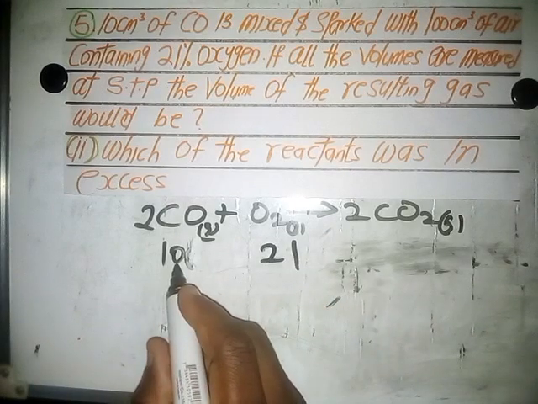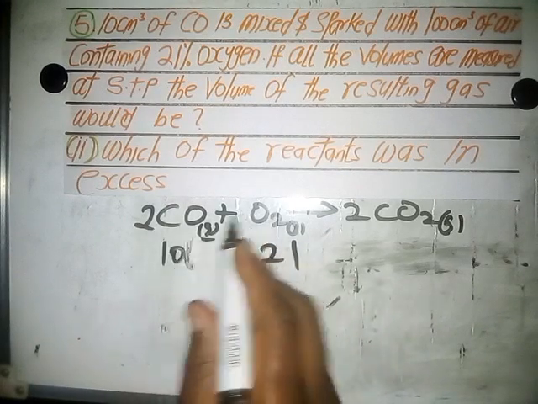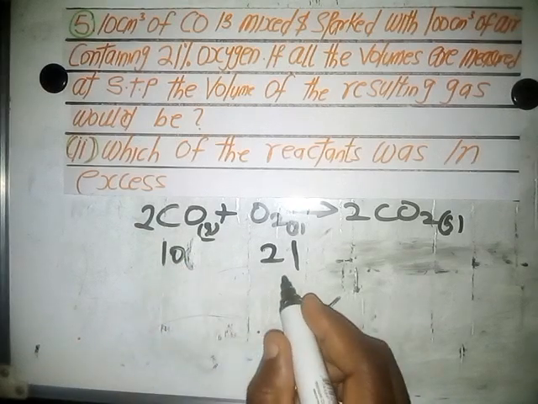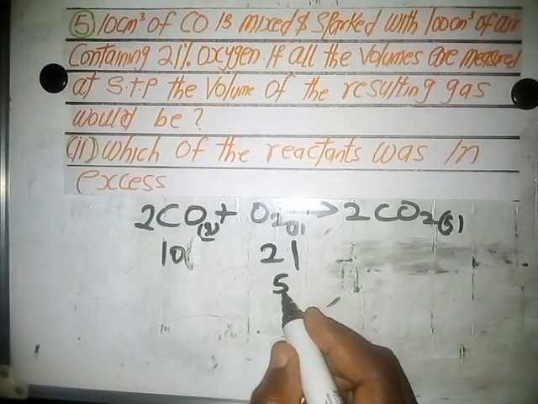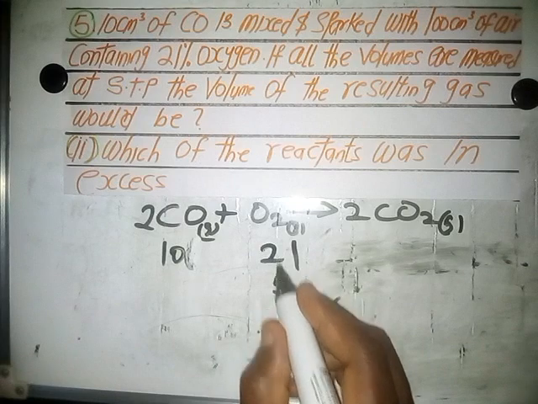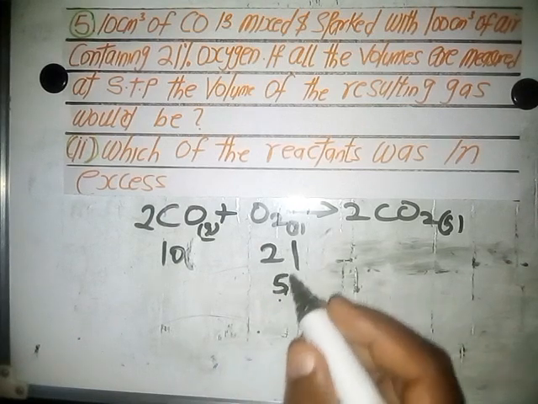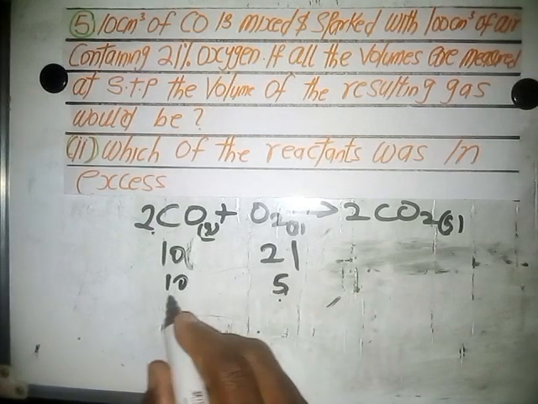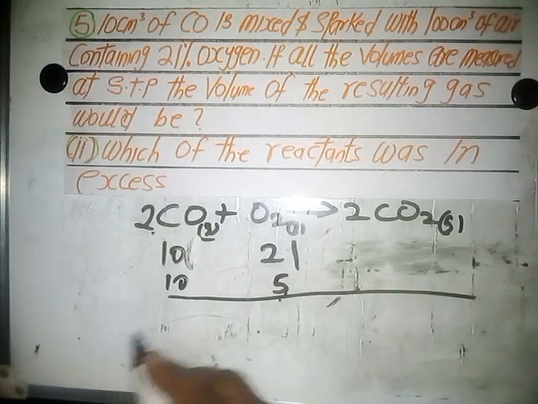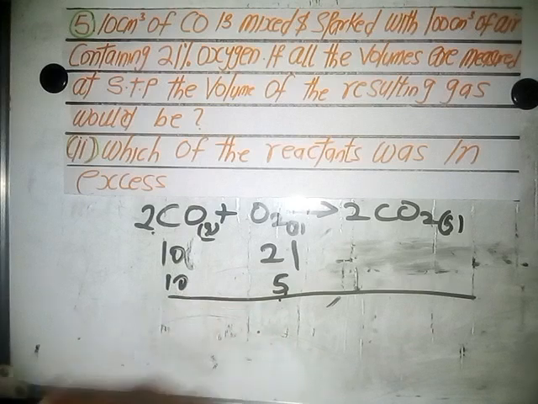Half of 100, as usual, is 50. I can put that here because the value is less than this one. But if it's more than this one, you have to bring this value down. 2 times 50 is 100, and 100 minus 100 is 0.